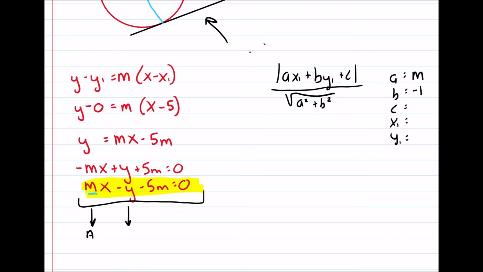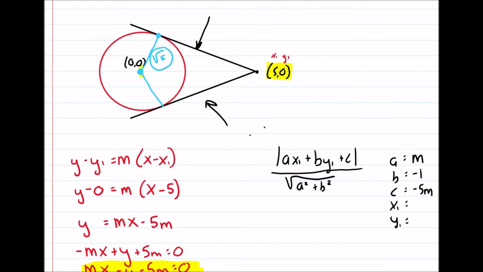And our c is going to be minus 5m, so this value here. x1 then, we go back to our point. Oh sorry, here's our x1 and y1, so x1 is 5, y1 is 0.